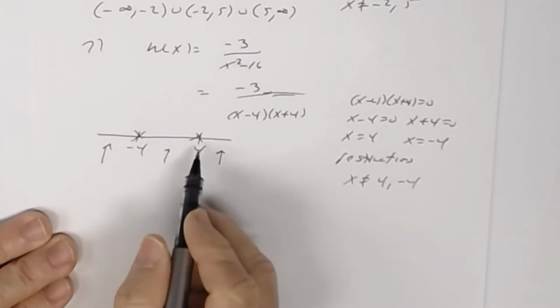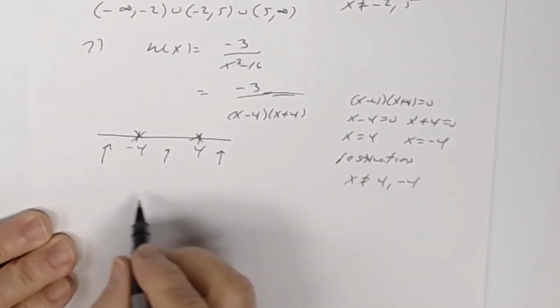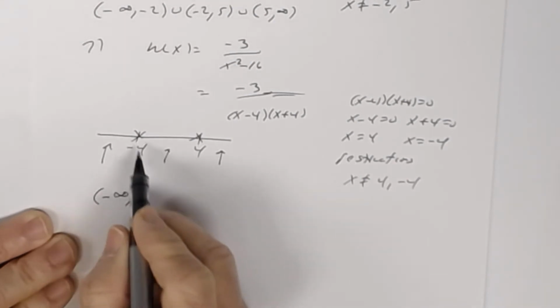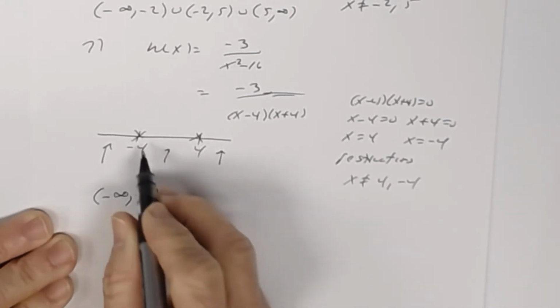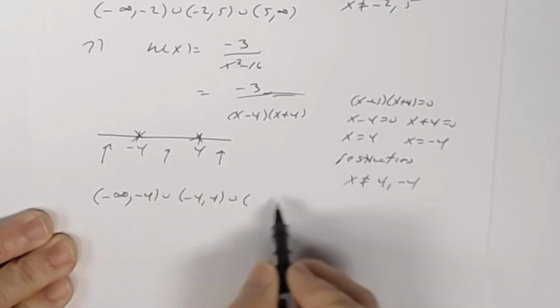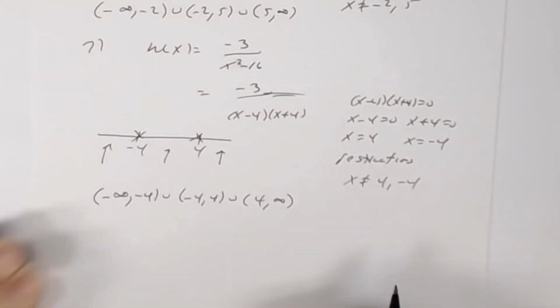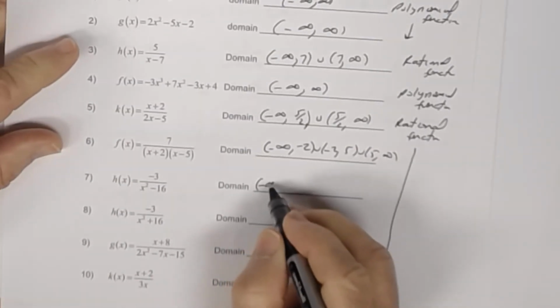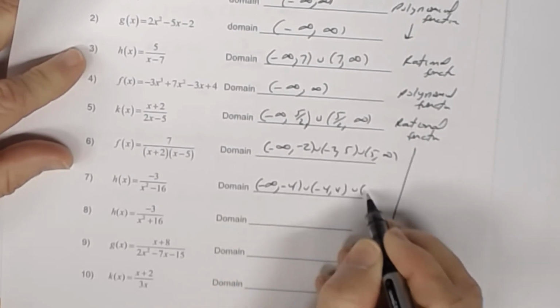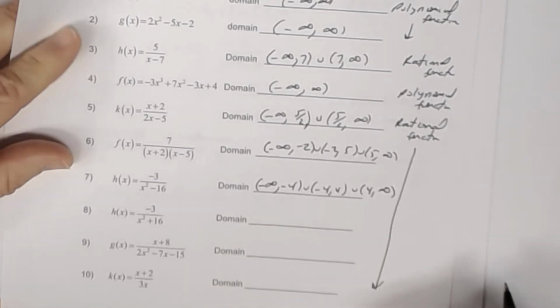I cannot use negative 4 or 4, because that makes my denominator 0. So my domain then will be negative infinity to negative 4, union negative 4 to 4, with parentheses, union 4 to infinity. All right, so that is number 7. Negative infinity to negative 4, union negative 4 to 4, union 4 to infinity.